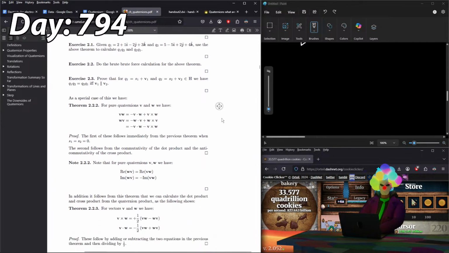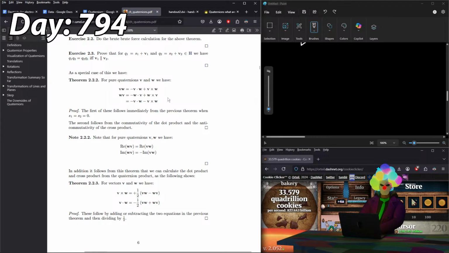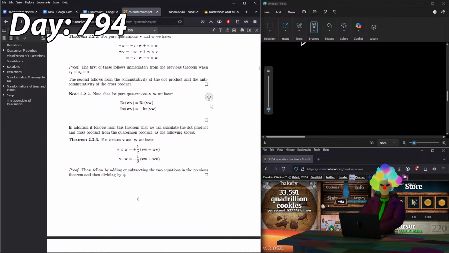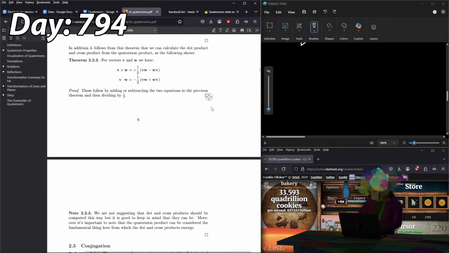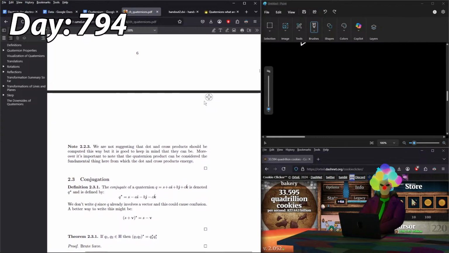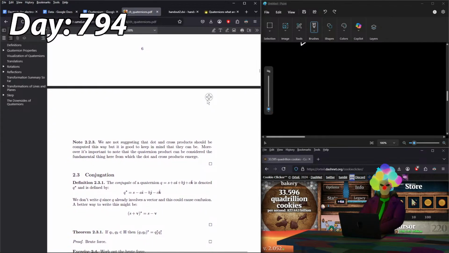That's in general. Aren't pure quaternions just a subset of the in general case? My comedy is unparalleled. Calculate the cross product. Yeah, the dot and cross product should be computed this way, but it's good to keep in mind they can be.